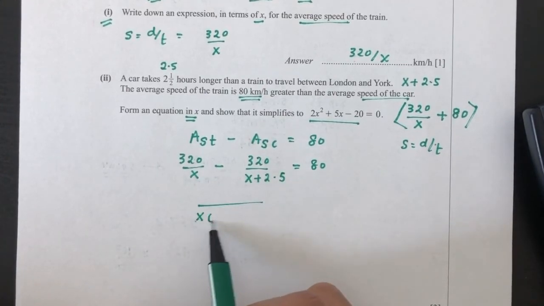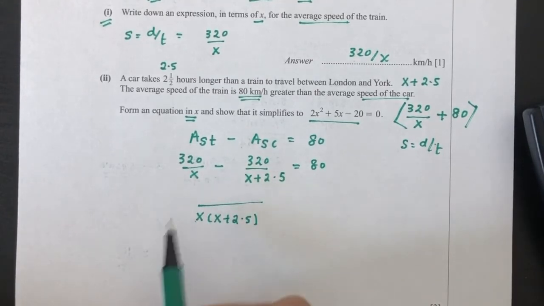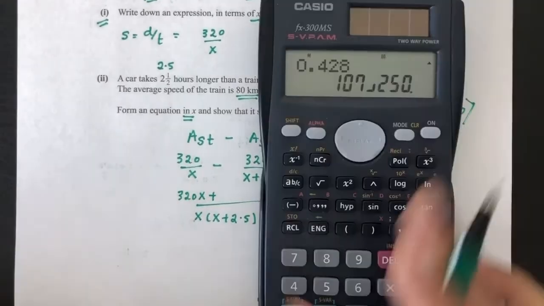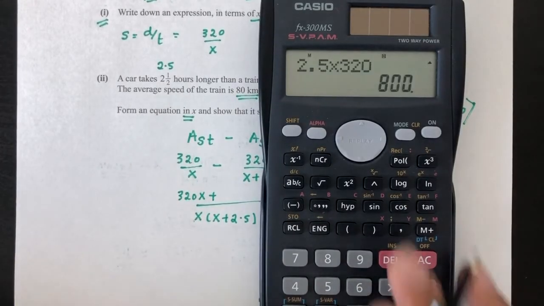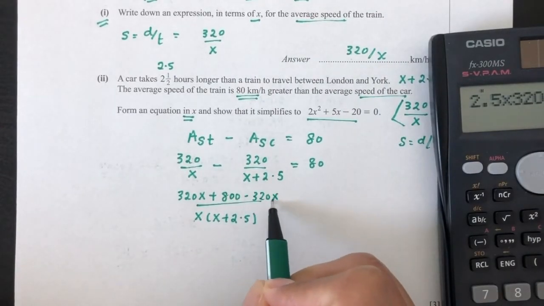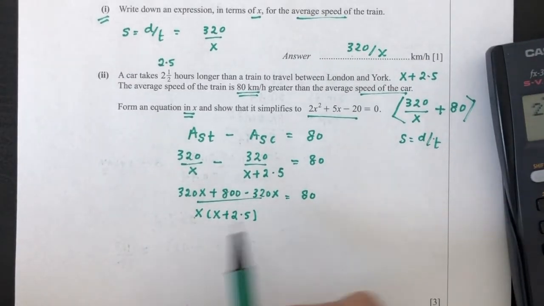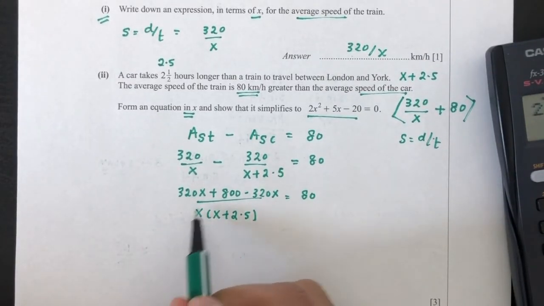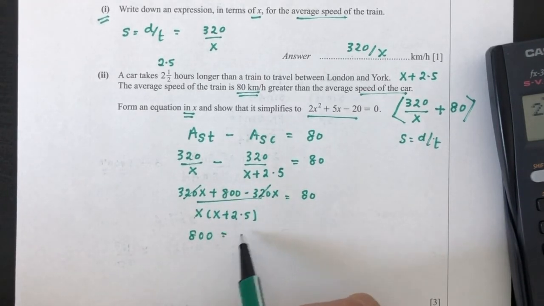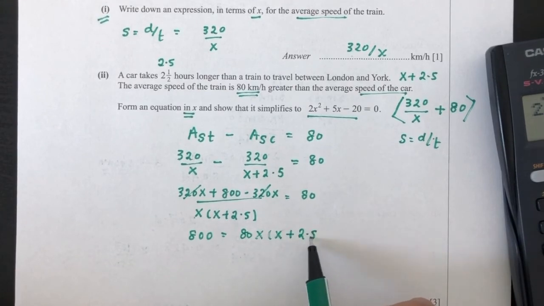That will become x times x plus 2.5, and then we cross multiply. That will become 320x plus, so what is 2.5 times 320? That will be 800 minus 320x equal to 80. So now let's simplify. On this side, this will go away, so you will have 800 equal to 80x times x plus 2.5.